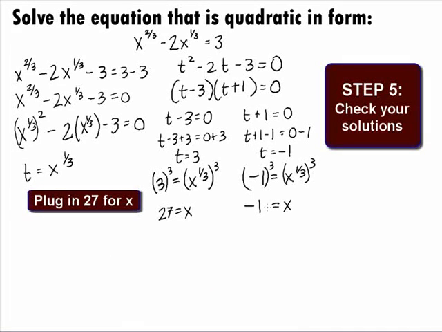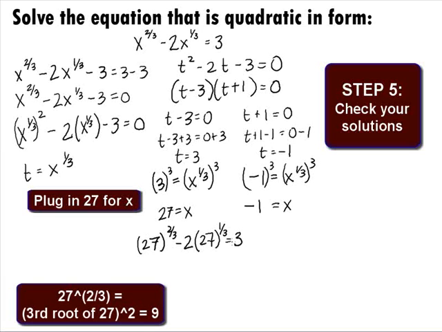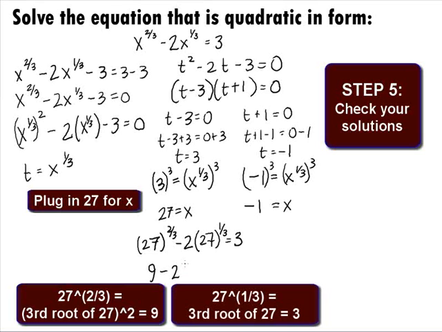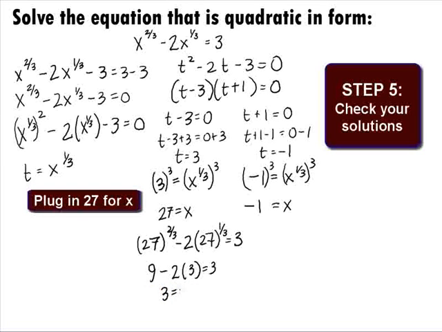Plugging 27 in for x into the original equation, we get 27 raised to the 2/3 power minus 2 times 27 raised to the 1/3 power equals 3. 27 to the 2/3 power is the same as taking the 3rd root of 27, which is 3, and squaring it, which gives you 9 minus 2 times the 3rd root of 27, which is 3, equals 3, which simplifies to be 3 equals 3.